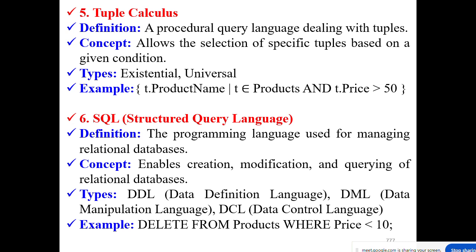Many symbols are used, like existential and universal quantifiers. Example: t.productname where t belongs to products and t.price is greater than 50. This is the example for tuple calculus.